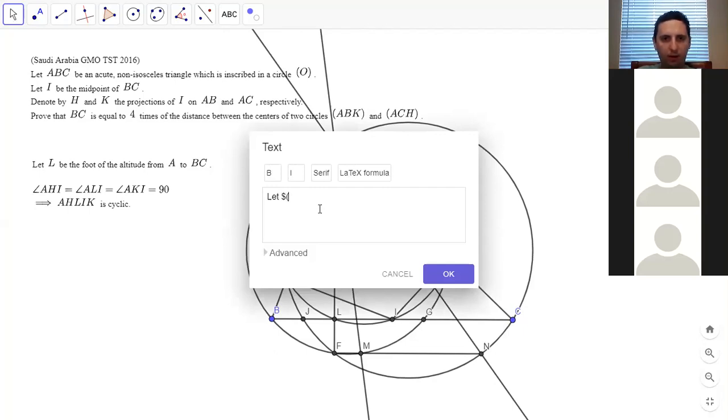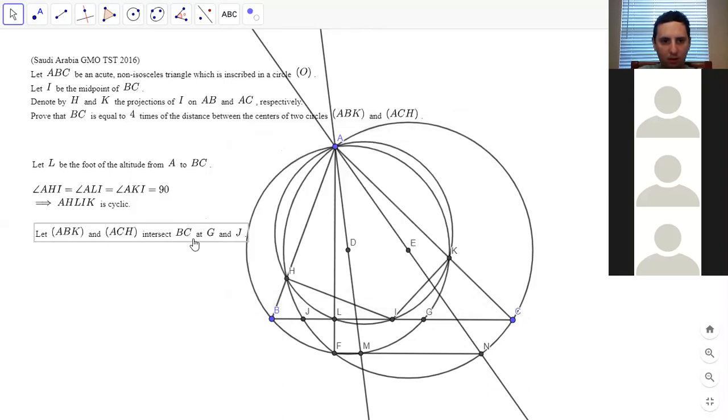So let ABK and ACH intersect BC at G and J. And then there we go.